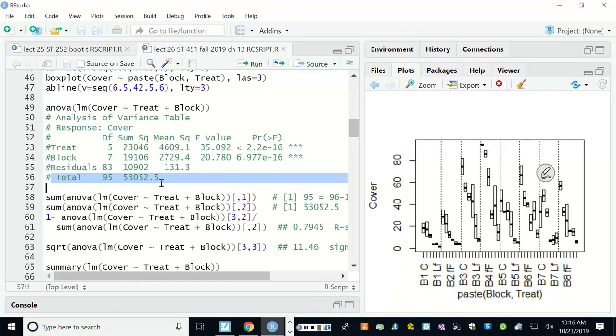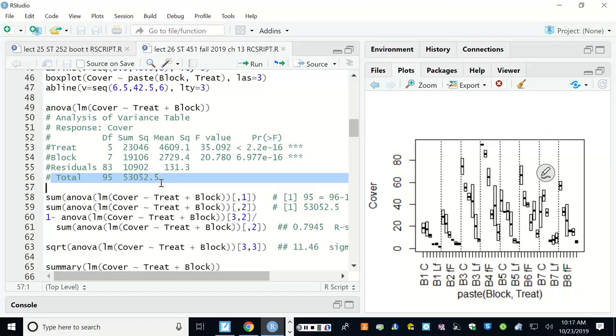So the sum of squares for block plus treatment over that, or 1 minus the sum of squares for residuals, row 3, and then the second one is that value, 10,902 divided by the 53, is about 79%. So almost 80% of the variability in cover is related to block and treatment, just as an additive model. Right? That's really quite a lot of the variability of seaweed cover.